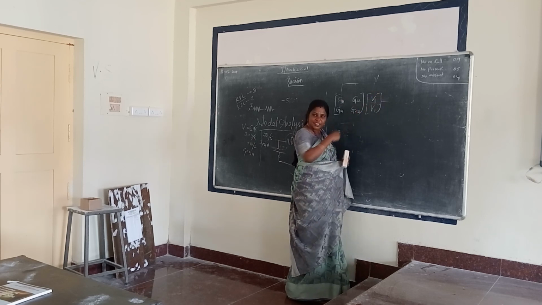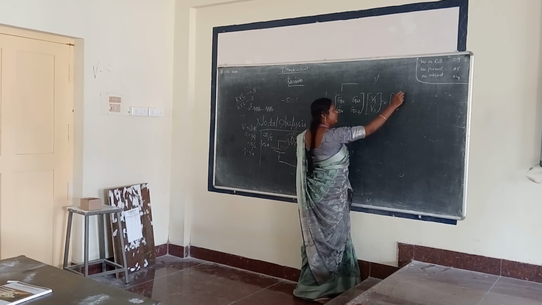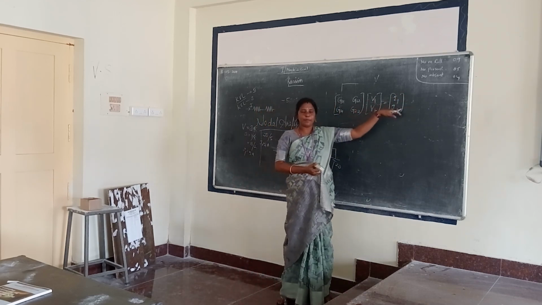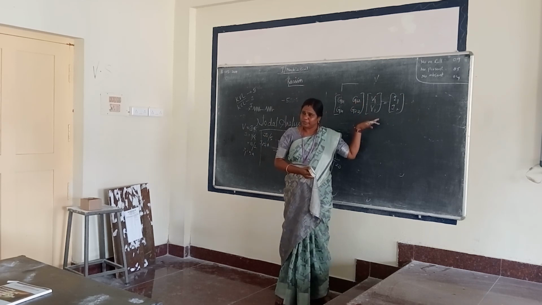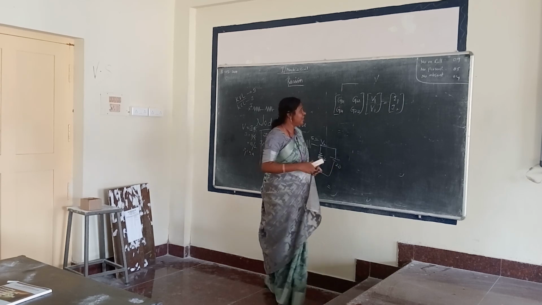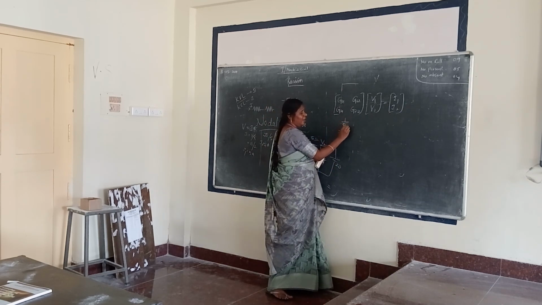Into here, the unknown is V. Don't swap V and I, everything will be wrong. What value you know, that value will come after the equal to. Okay, unknown value here, known value here. So what is G11? G11 is 1 by R11.